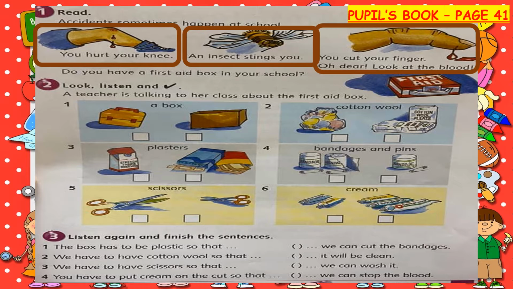So these are examples of accidents that are unavoidable and might happen to us in school. Do you have a first aid box in your school? You can see here a first aid box. It's important to have a first aid box because of accidents like this.